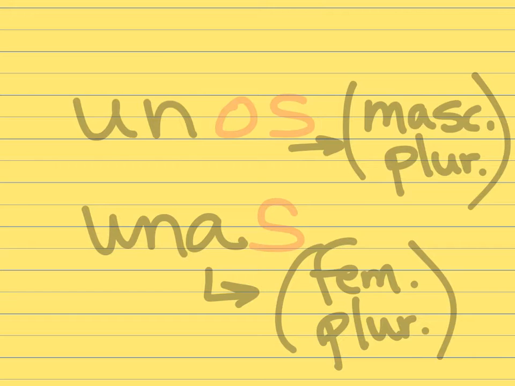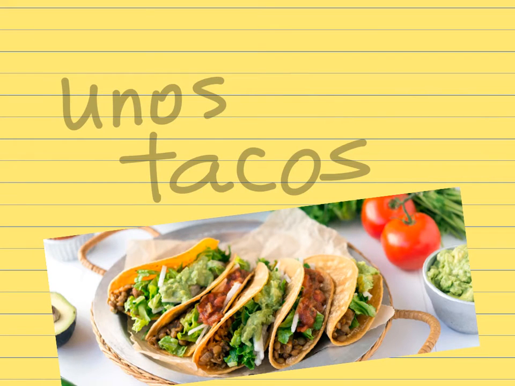For the indefinite, you have unos, where you add an os to the singular form. That makes it masculine plural. And you add an s to the singular form to say unas for the feminine plural form. So, likewise we have now for some tacos, it's unos tacos.